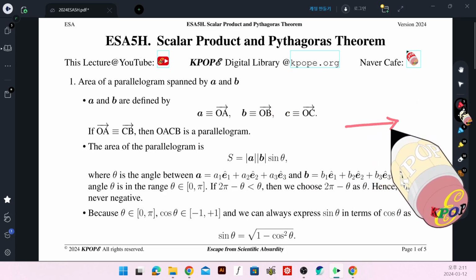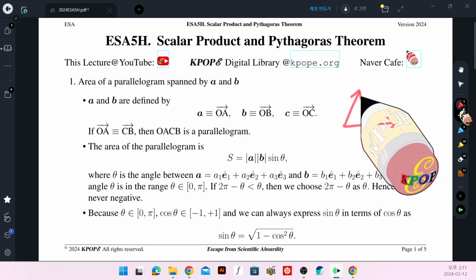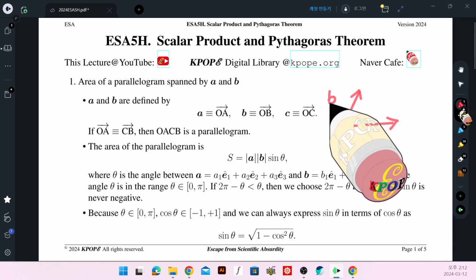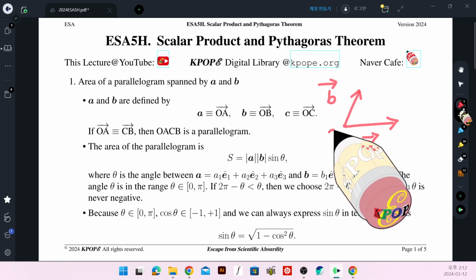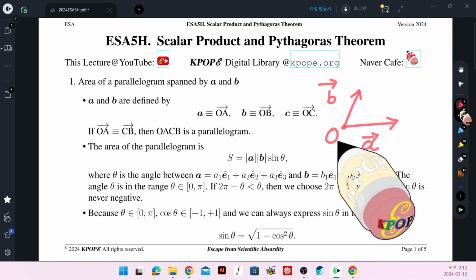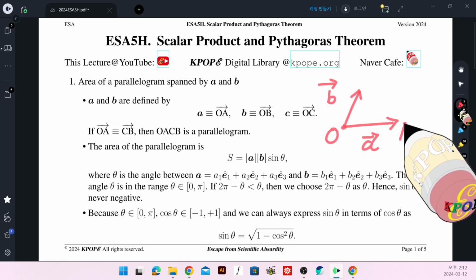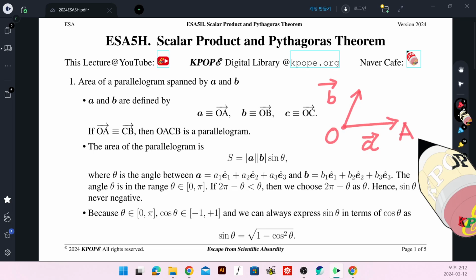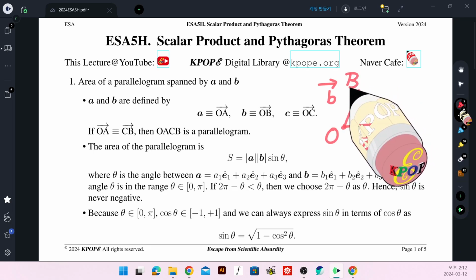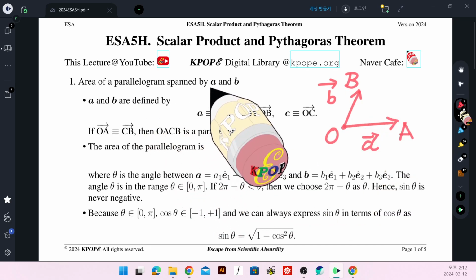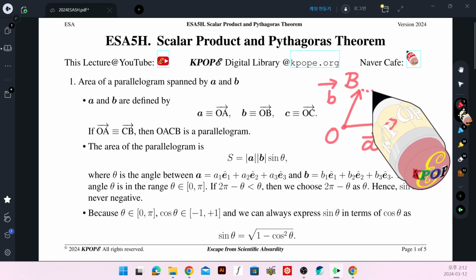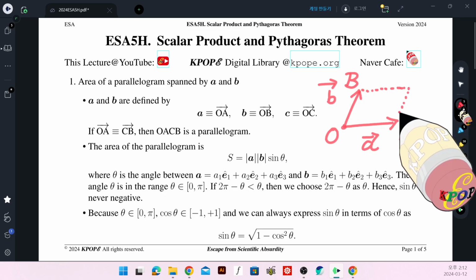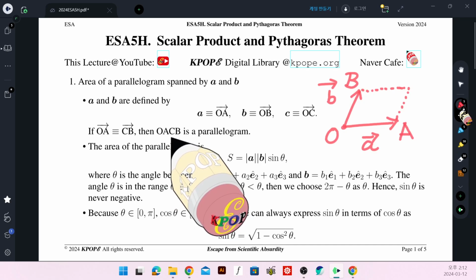Let me draw a parallelogram spanned by two vectors A and B. If I choose this starting point to be the origin, and the head of this vector, small a, is capital A, and then this one is B, then I can draw a parallelogram spanned by these two vectors A and B. So, parallelogram OACB.